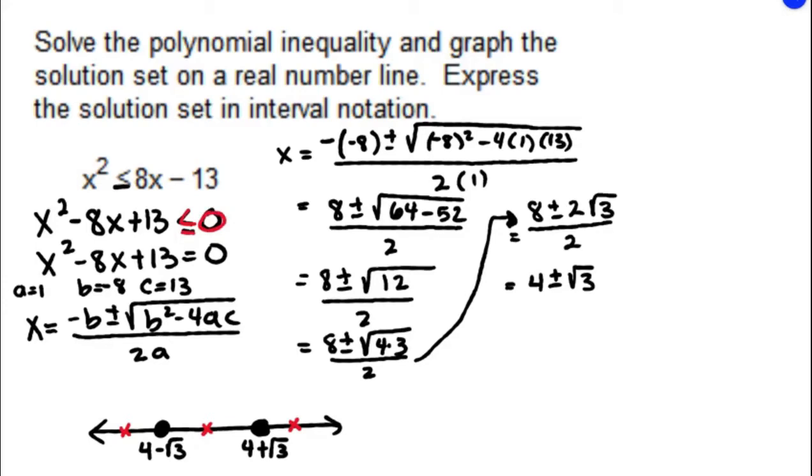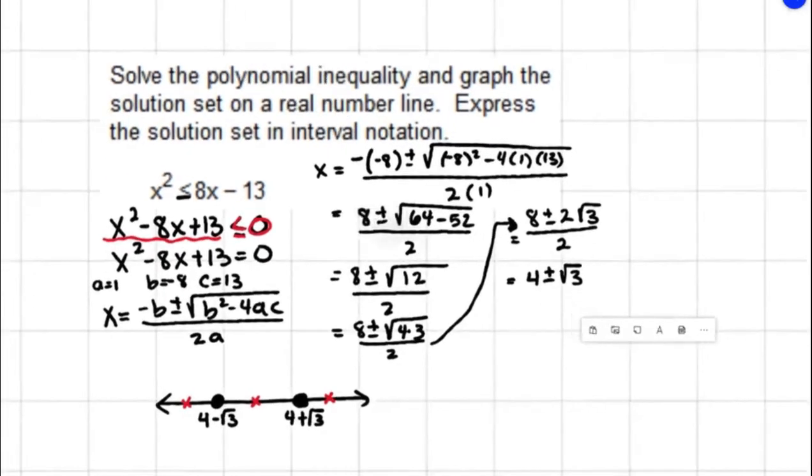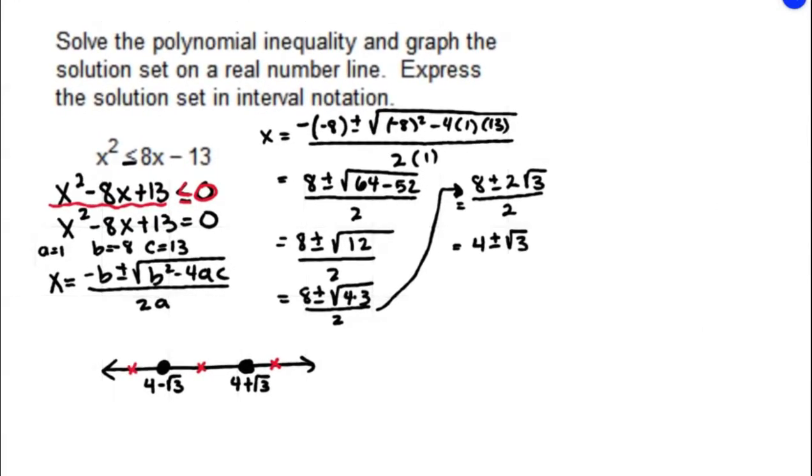So I'm going to test points into the expression x squared minus 8x plus 13 to see whether they come out positive or negative. To figure out what my test points are going to be, I want to figure out what 4 minus square root of 3 is. So let me grab my calculator. It's going to take a moment to load.